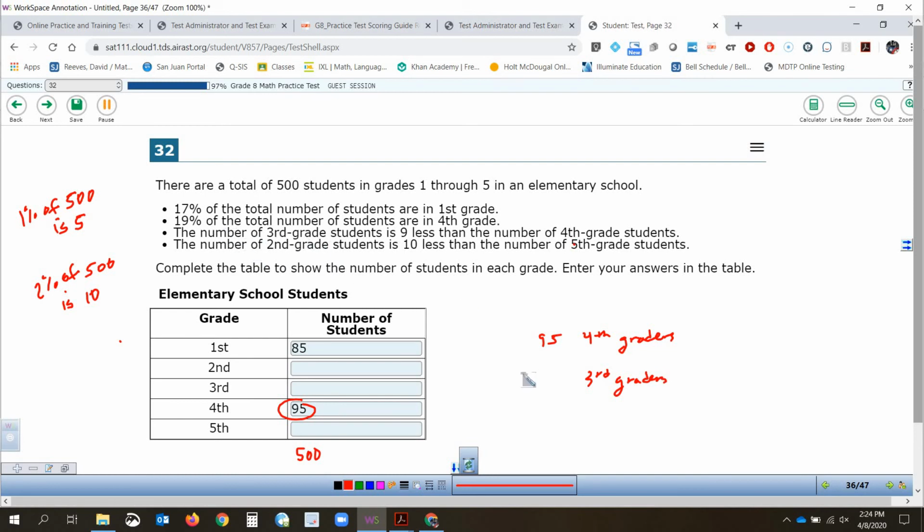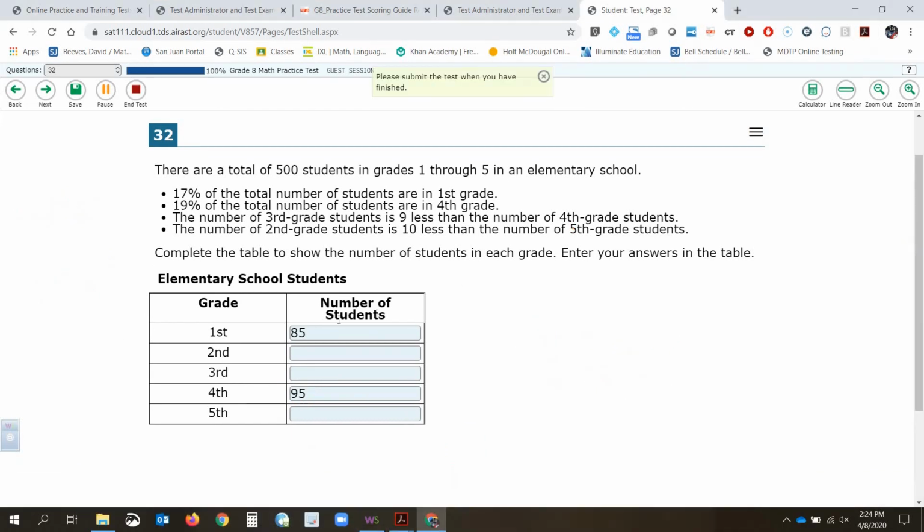Third graders is 9 less. Well, how do you find 9 less? You subtract 9, right? So in order to get third graders, we're going to do 95 take away 9. Well, I hope you don't need a calculator for that. 95 take away 10 would be 85, but we're only taking away 9, so what does that mean? It's 86. So that means there are 86 third graders. So I can go now here to third grade and I can put in 86.